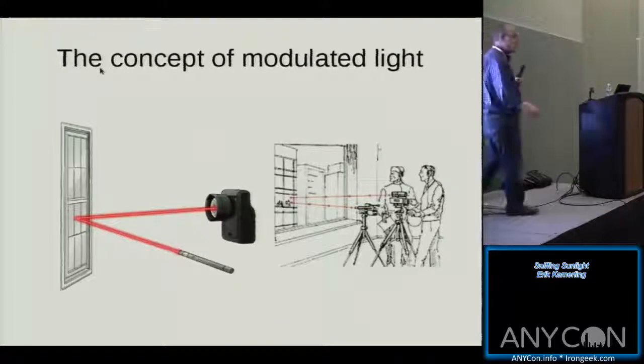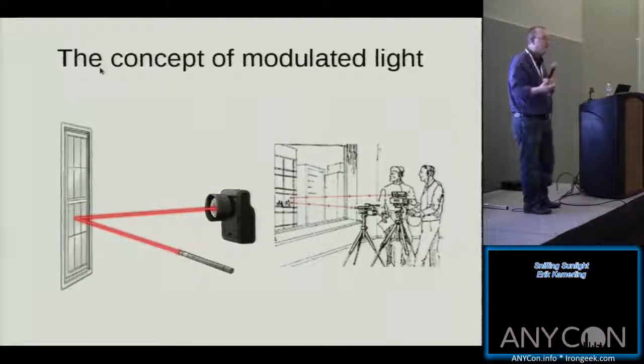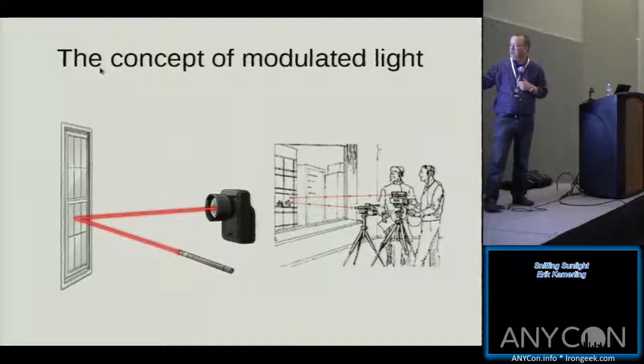The photoreceptor then turns that modulated light back into an electrical signal, at which point you're actually capturing the audio that's happening behind that vibrating glass remotely, okay? Very fundamental idea. If you understand this idea, then this whole talk will make sense to you, and hopefully you'll find it interesting.